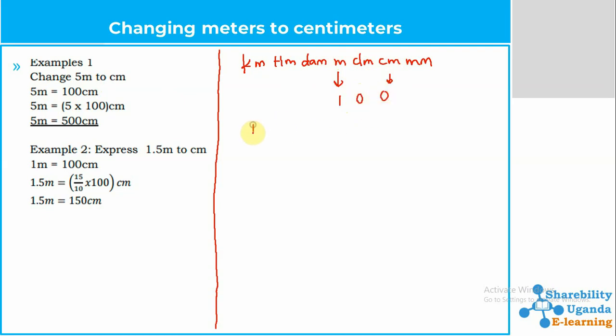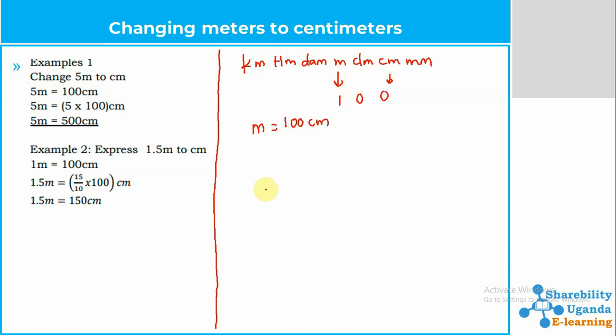So this simply means that 1 meter is equal to 100 centimeters. So this is where they got the 100. Don't say you didn't understand how they got 100. It is from this basic concept.